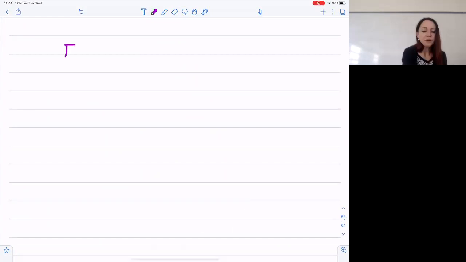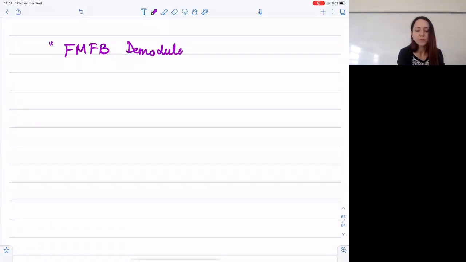Now there's another similar structure with the same operating principle that you will see, the FM feedback demodulator. This diagram also exists in your textbook.